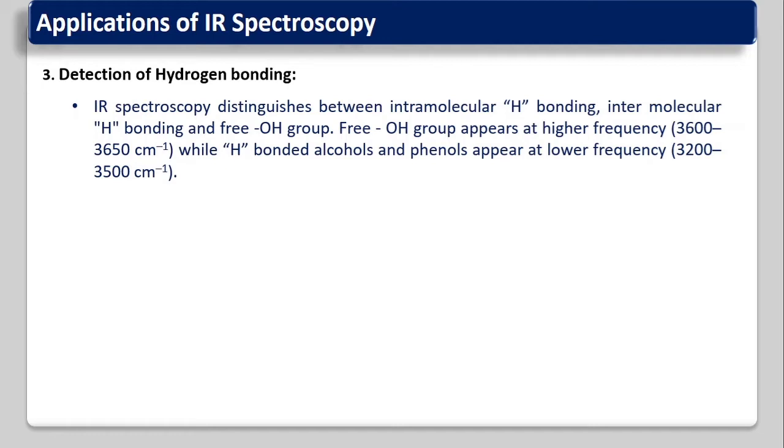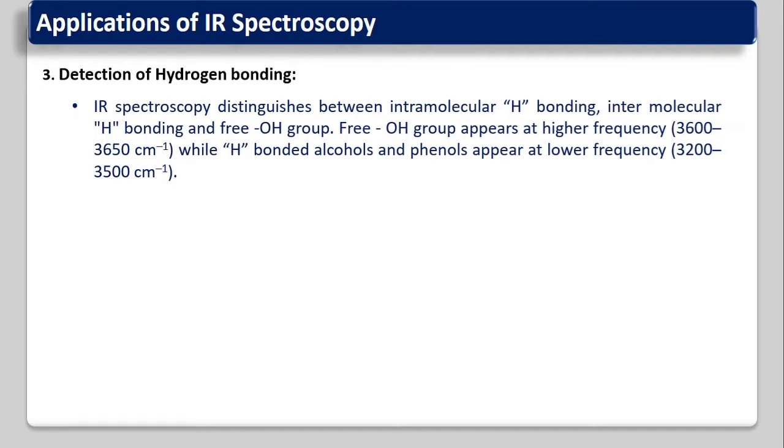A free OH group appears at the higher, normal frequency, that is 3600 cm inverse to 3650 cm inverse, while hydrogen bonded alcohols or phenols appear at the lower frequency, around 3500 cm inverse to 3200 cm inverse.